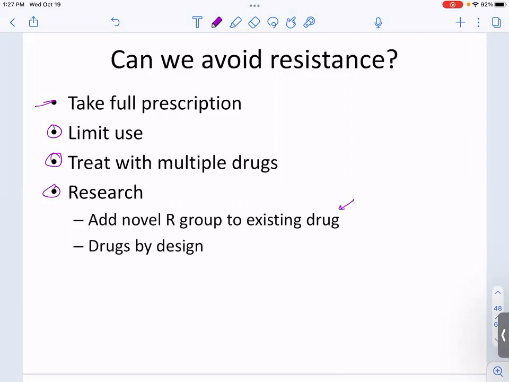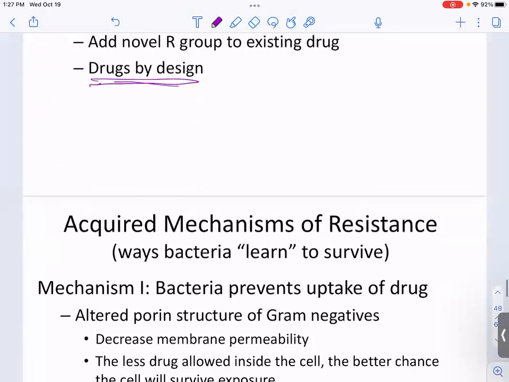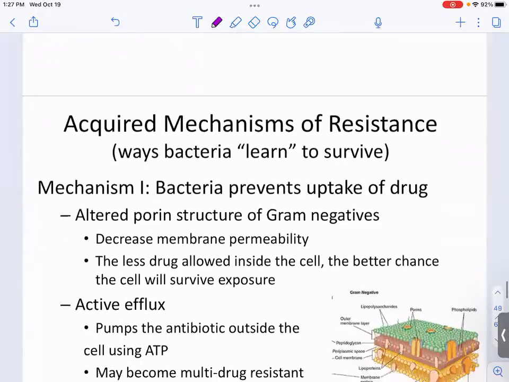But also looking into ways to target very specific targets. A speaker came to Grand Valley a few years ago that was experimenting with Mycobacterium tuberculosis and finding proteins that only that organism had and trying to develop drugs that would target that protein. So we can't avoid it. We try to slow it down.